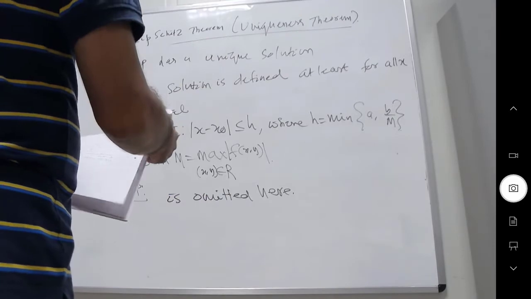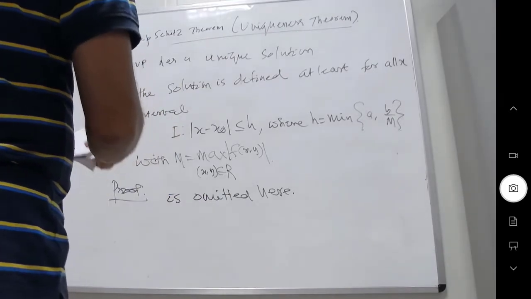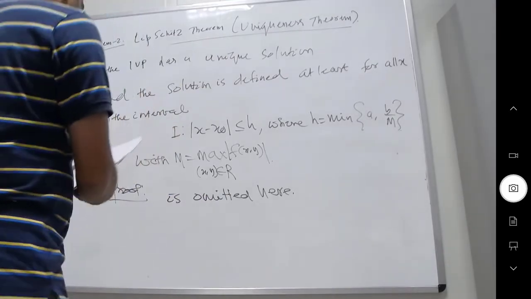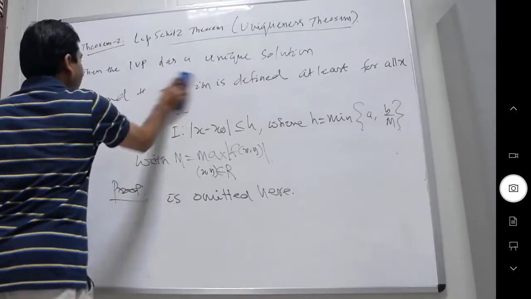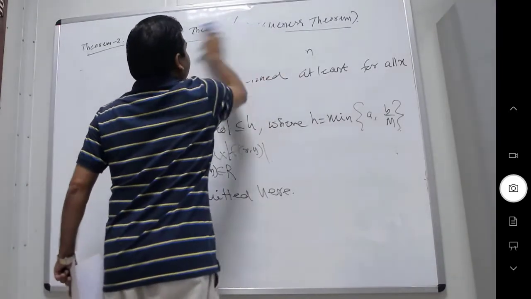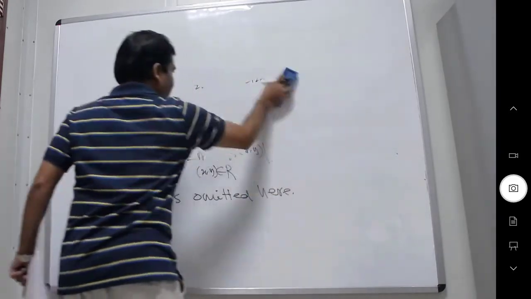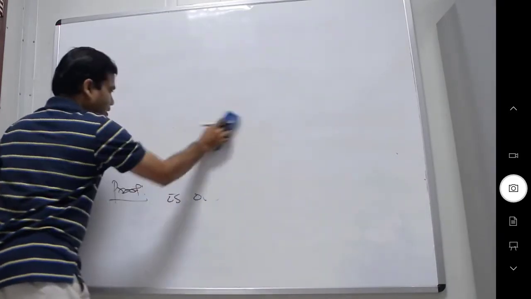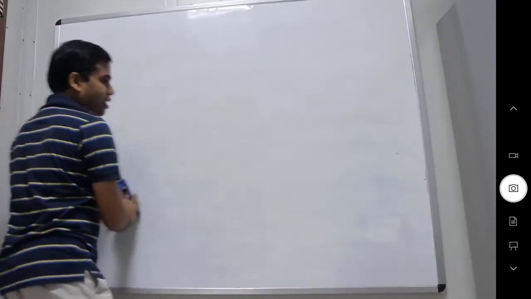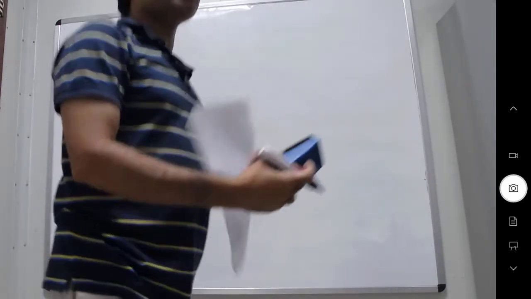Okay. Let me quickly tell you one example about this. I always tell the students that this theory must be supplied with an example so that you can see how the theorem works.